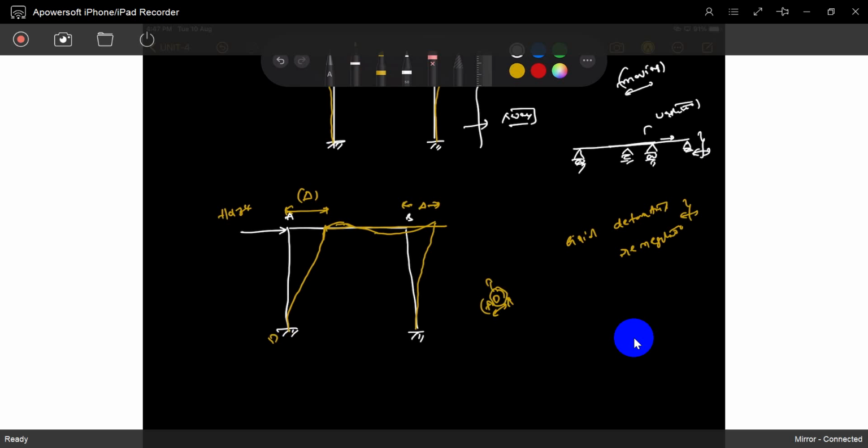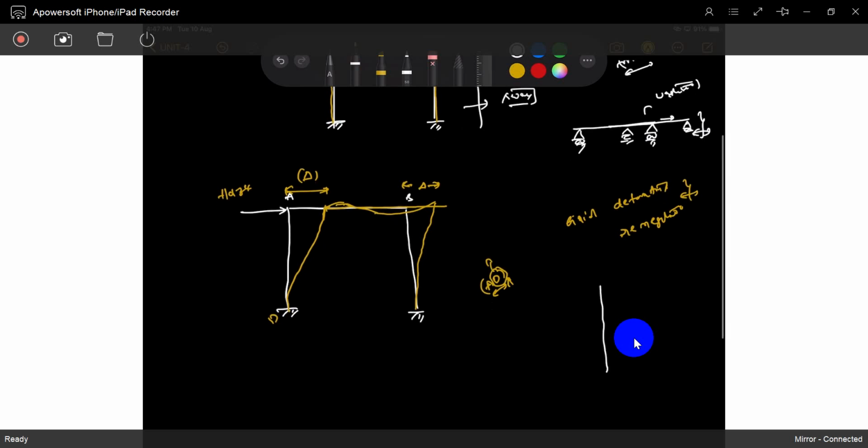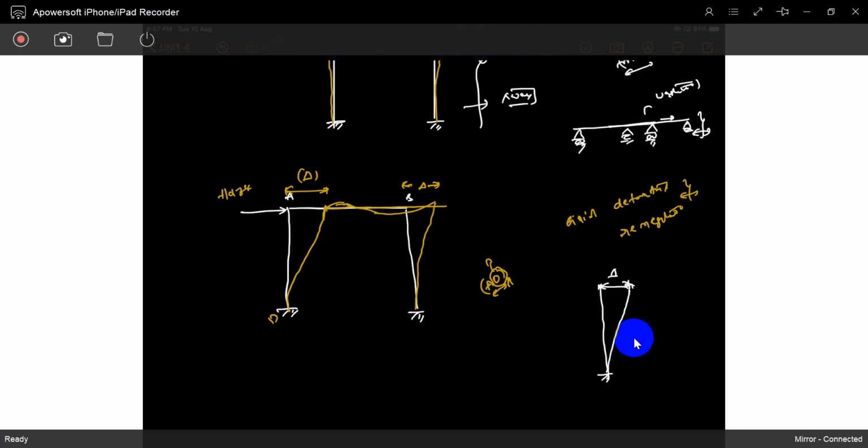It looks like this, a fixed joint. So what will happen? This is a delta, so a considerable amount of movement is definite.